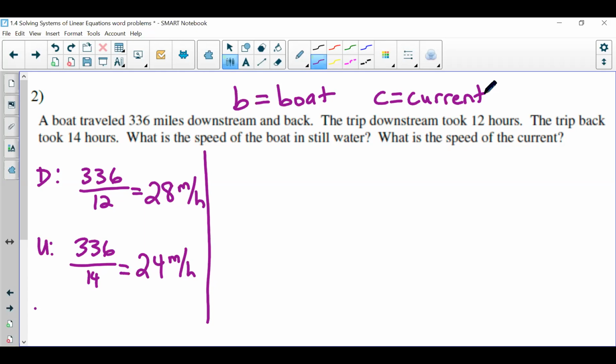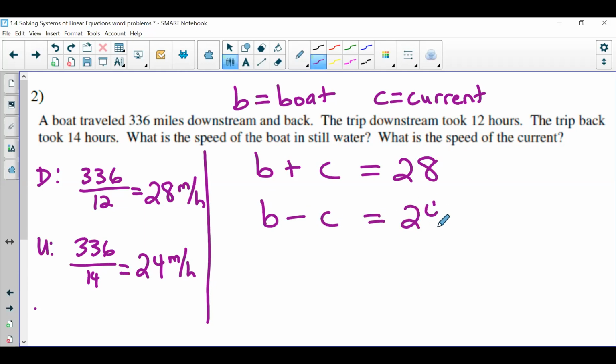Adding. Thank you, Mia. When the boat is traveling with the current, it's adding. They're going in the same direction. Now, what happens when it goes against the current? It's subtracting. Good, Logan. The boat speed would be going opposite to the current speed.